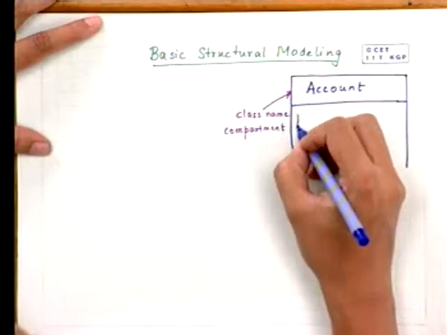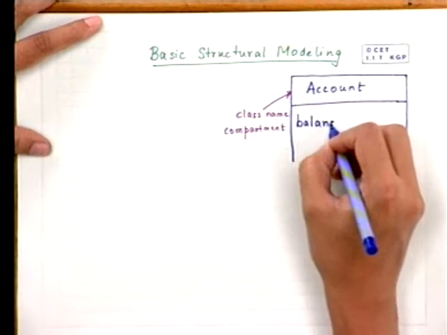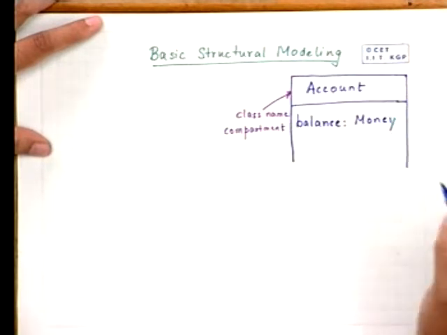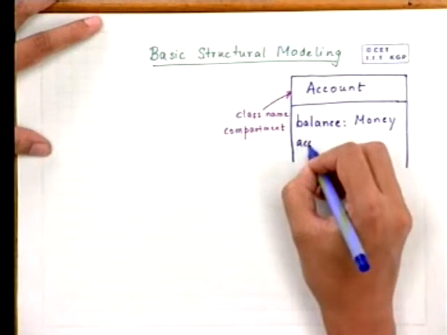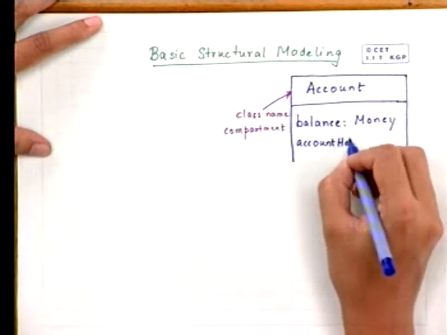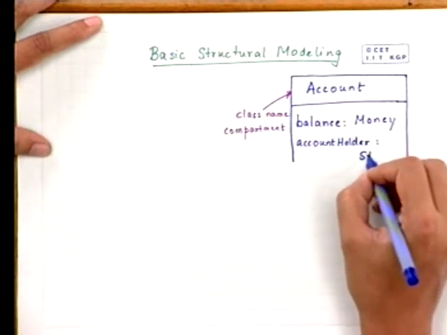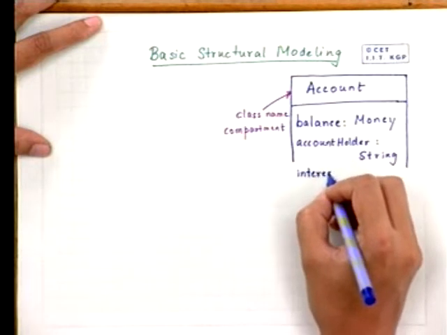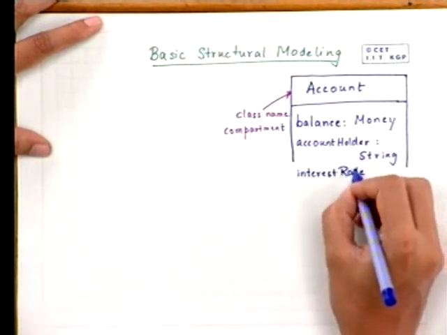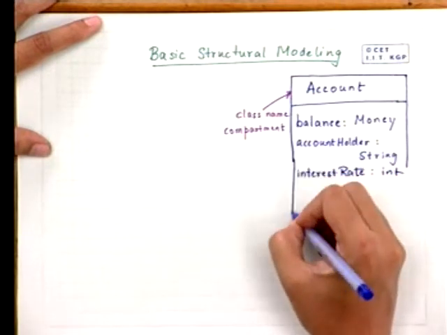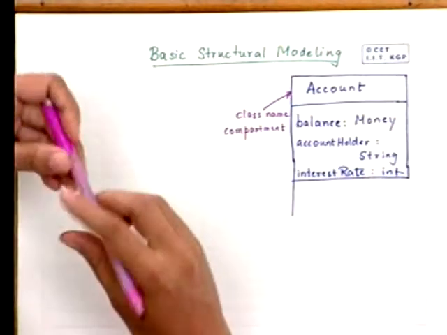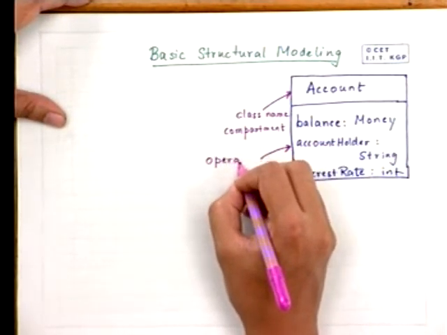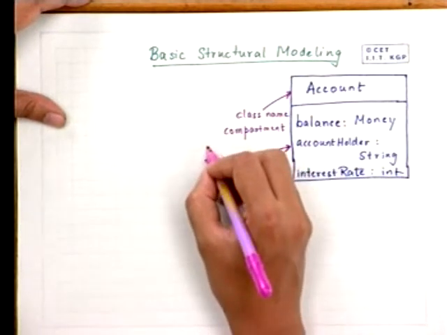For this class, the attributes are balance, which is of type money, and we have account holder, of type string, and interest rate of type integer. This is the attributes compartment.